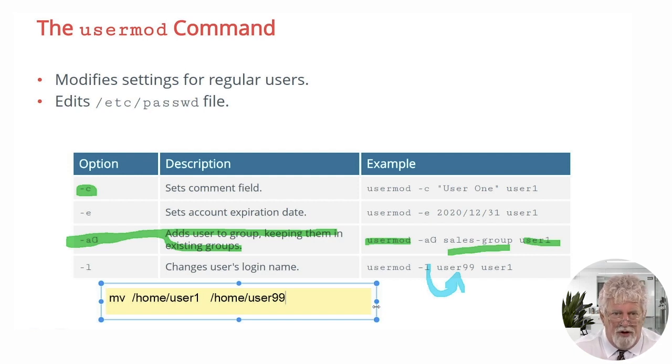It doesn't handle that for you. So there we do an mv, which we'll cover in a bit, our renaming command. Rename it to the new name. Luckily, the user did not change their user ID, which is stored inside the file system's metadata. So we don't have to change any of that. We're just changing the name of a directory to match the login name.